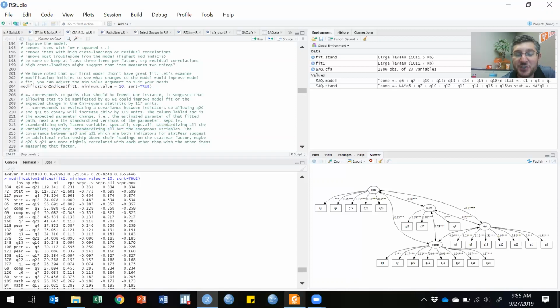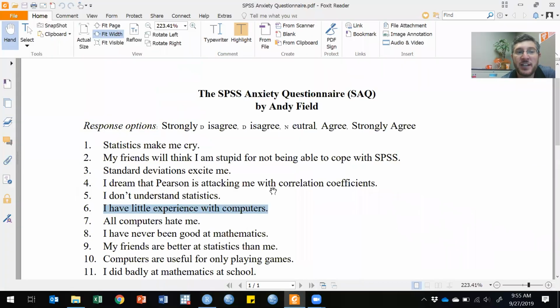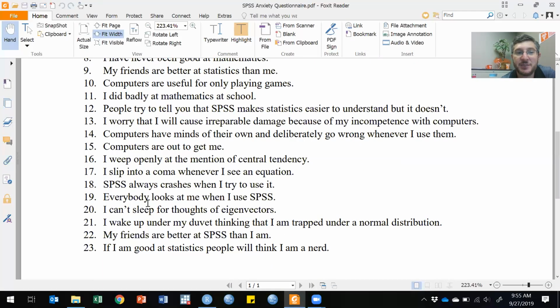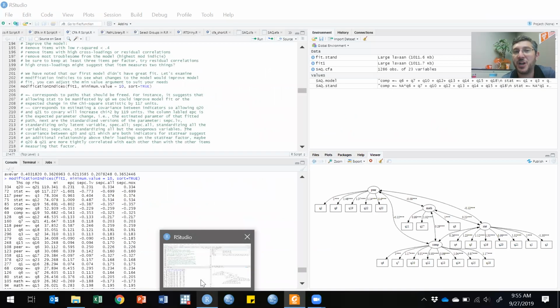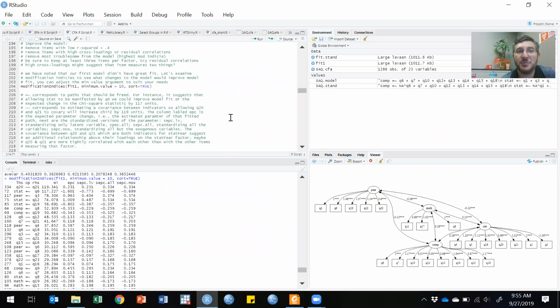Let's look at question 20 and 21. It suggested a covariance between them. I can't sleep for the thought of eigenvectors. I wake up under my duvet thinking that I'm trapped under a normal distribution. Both of these items have to do with sleeping in a way. Maybe there is some residual covariance between them.